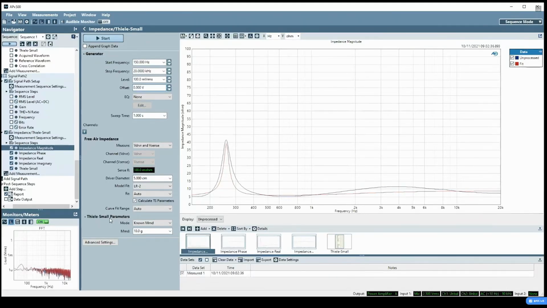Okay, that's another one also concerning rub and buzz, and the question is: is rub and buzz only in software version 6.1?